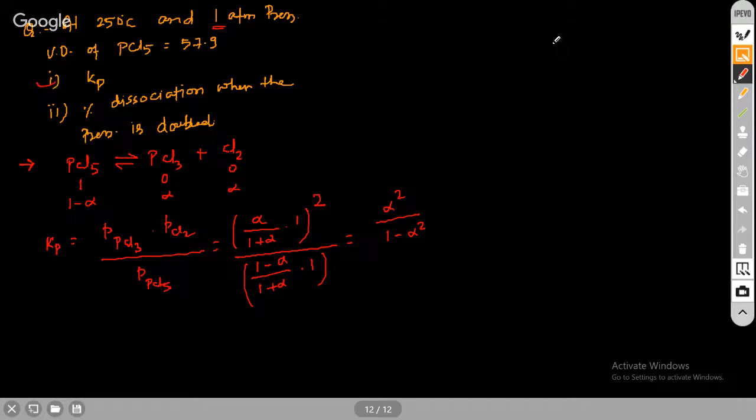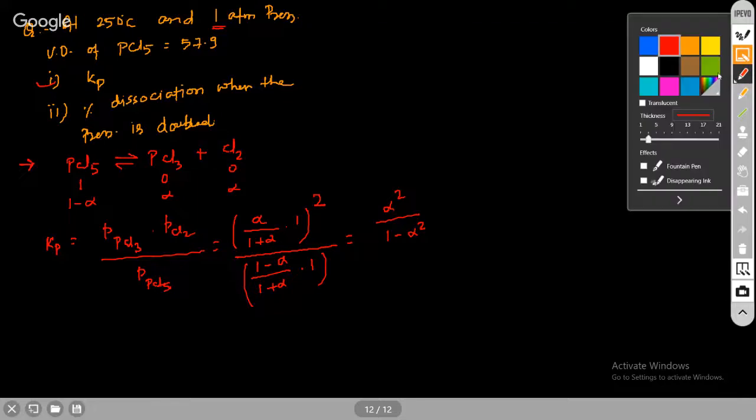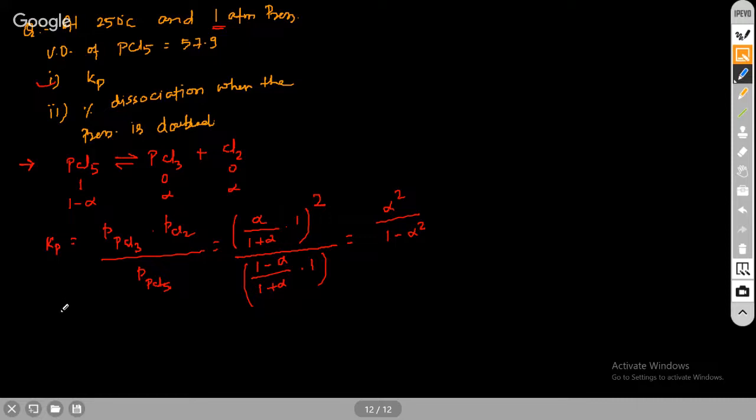And like I told you in the last question also, vapor density is given. So you have to use the vapor density formula to find out alpha. So alpha is equal to D minus d divided by (n minus 1) into d, right? Small d is the vapor density of the mixture. Capital D, the vapor density of PCl5 before dissociation, is: phosphorus 31, plus 5 into 35.5, divided by 2.